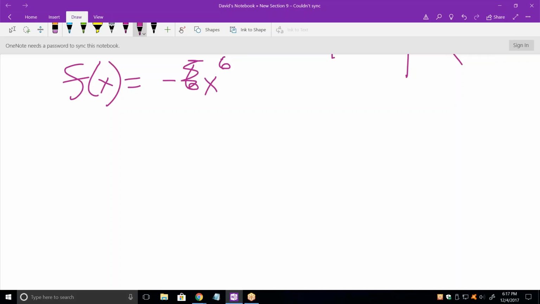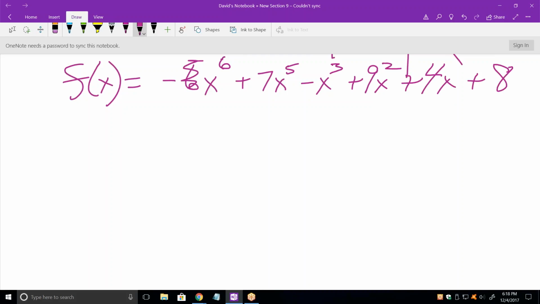And then plus 7x to the 5th minus x to the 3rd plus 9x squared plus 4x plus 8. So the degree would be 6, and the leading coefficient would be negative 1.